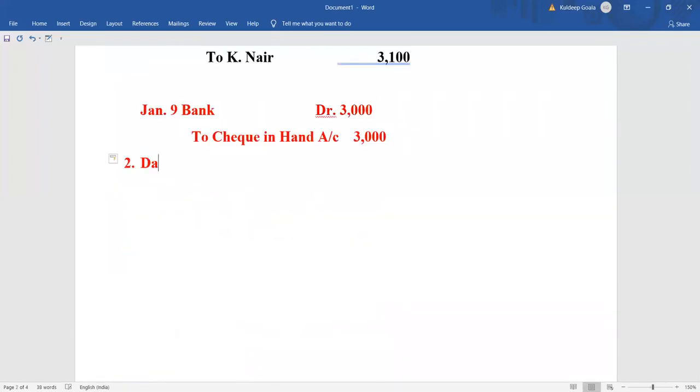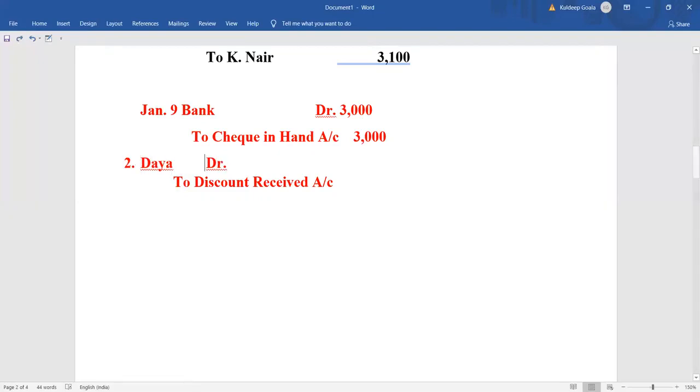Okay, Daya debit to discount received account. Now if you want to ignore this particular part, that also is okay, because many times we don't need to show all these entries.